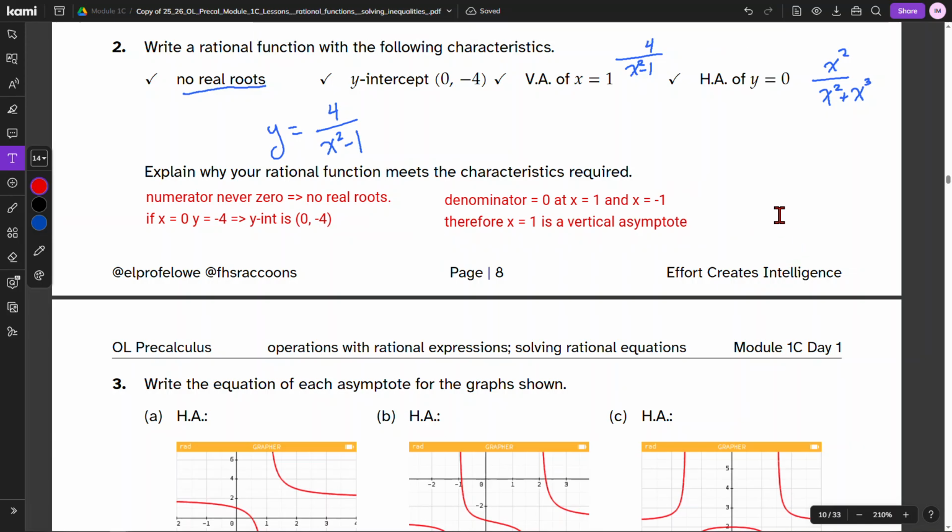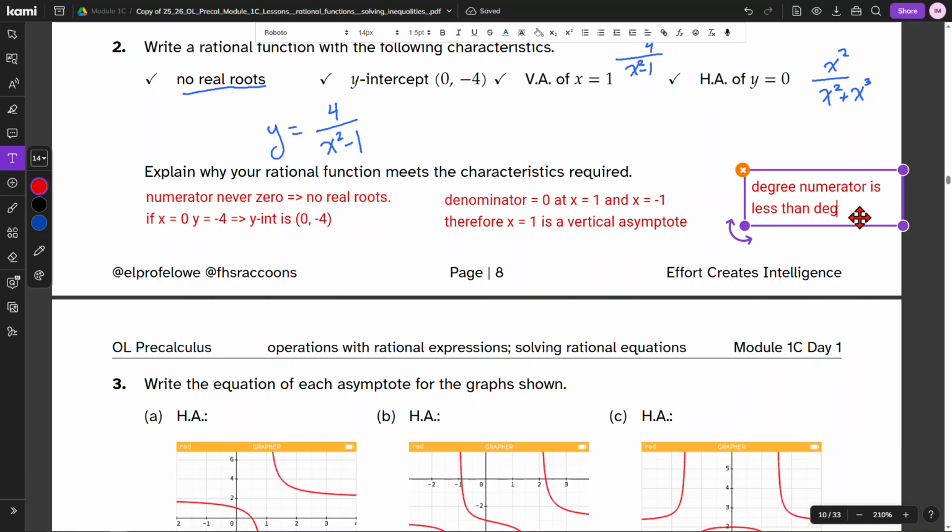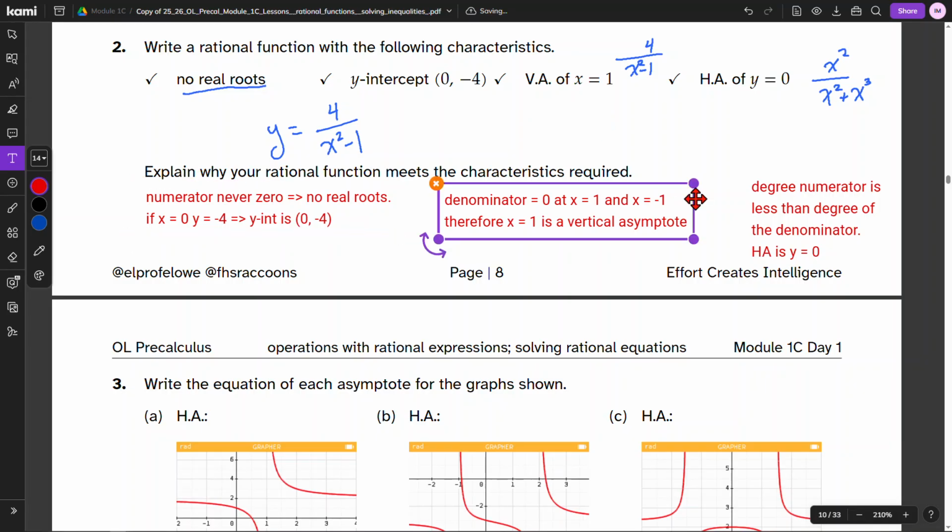Okay, and for this last piece, we have that the degree of the numerator is less than the degree of the denominator, right? That means that my horizontal asymptote is y equals 0. So we've met all of those conditions. Important to understand those pieces.